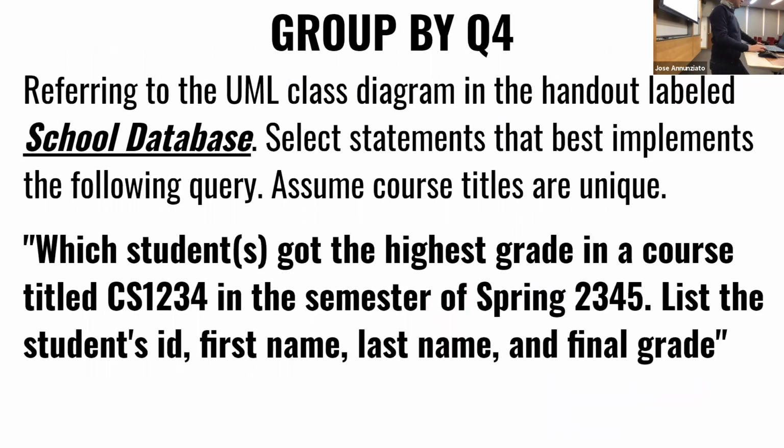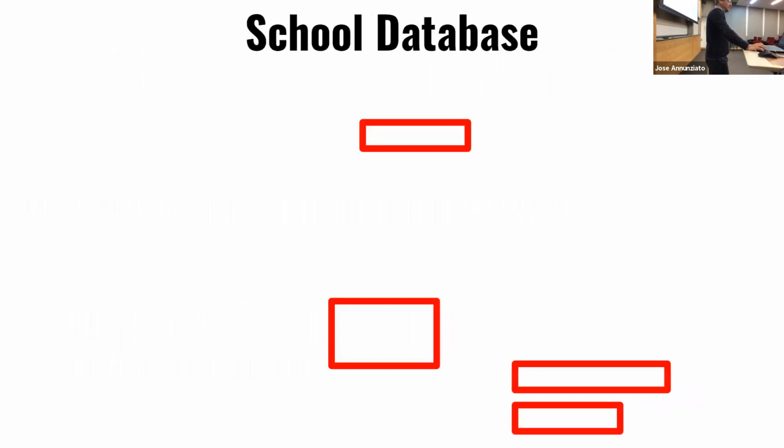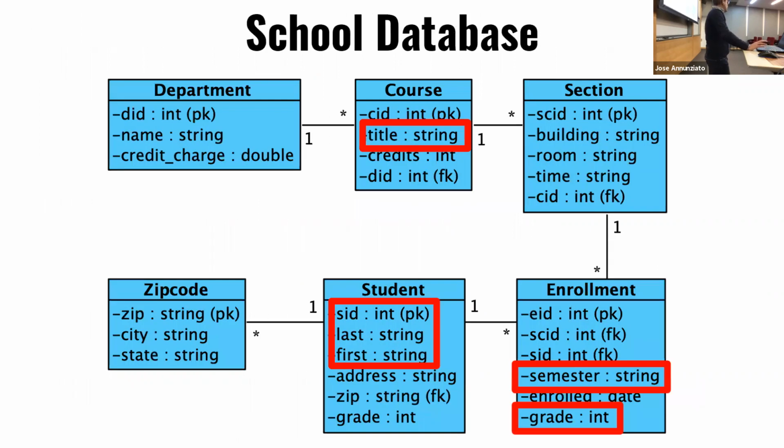So here's another one. Here I'm giving you a little more interesting database, the school database. I usually choose a theme for the exam, and then I use that theme throughout the exam. Sometimes I use the school, sometimes I use airlines, stocks, or something different.